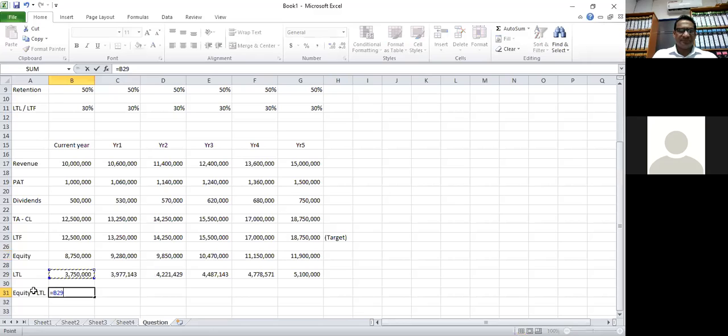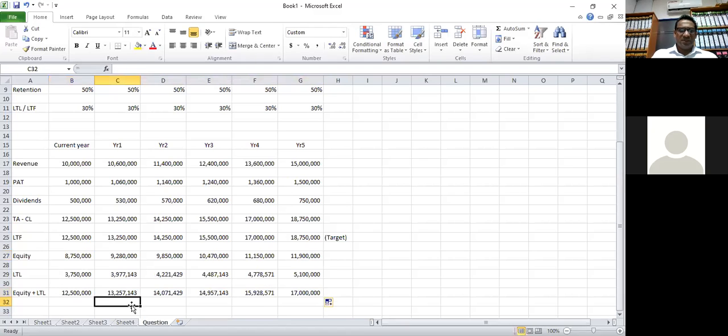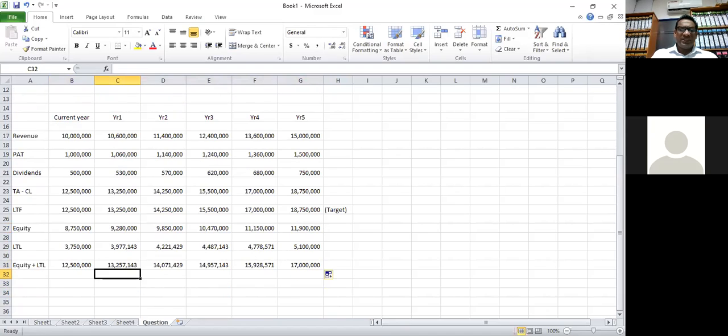Now what will happen? This is exactly 12.5 million. But in the future years, if you want to maintain these assumptions and ratios, equity plus long-term liabilities will be 13,257,000. But as per the balance sheet, it has to be limited to 13,250,000.